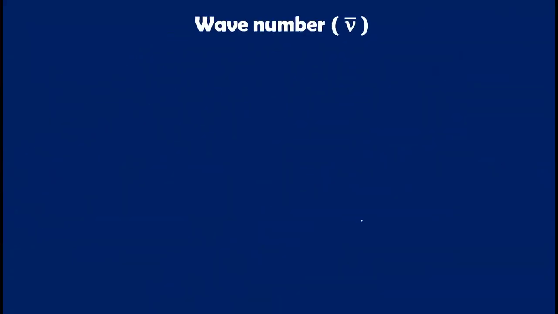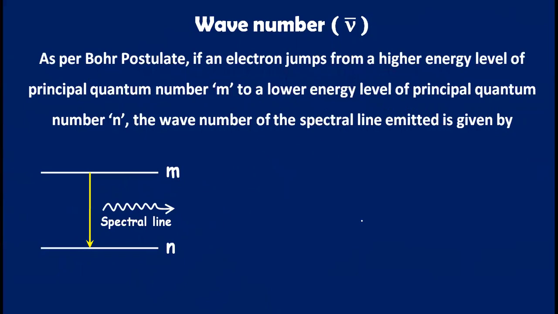Now we have one more beautiful definition for wave number in accordance with Bohr's postulate. As per Bohr's postulate, let us consider an electron jumping from a higher energy level of principal quantum number m to a lower energy level of principal quantum number n.